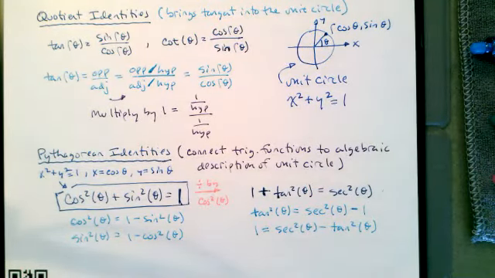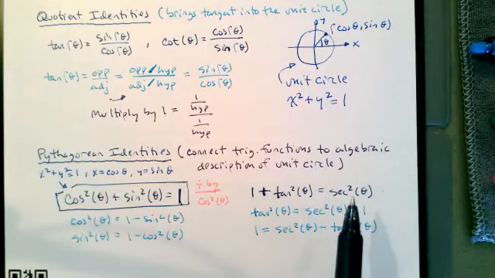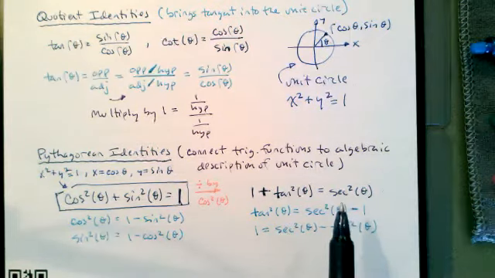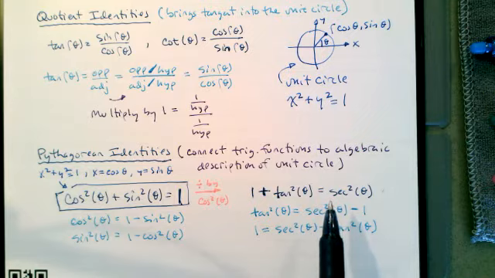An important thing for me to admit right now is that of these three, the first two I really need to know, since I do a lot of work in calculus, specifically teaching calculus, so I have to remember these kinds of things. I always forget how this one goes. I always forget the relationship between tangent squared and secant squared. I've been doing this for the better part of 20 years, and yet every time I have to come up with how these two are related, it's just not there.